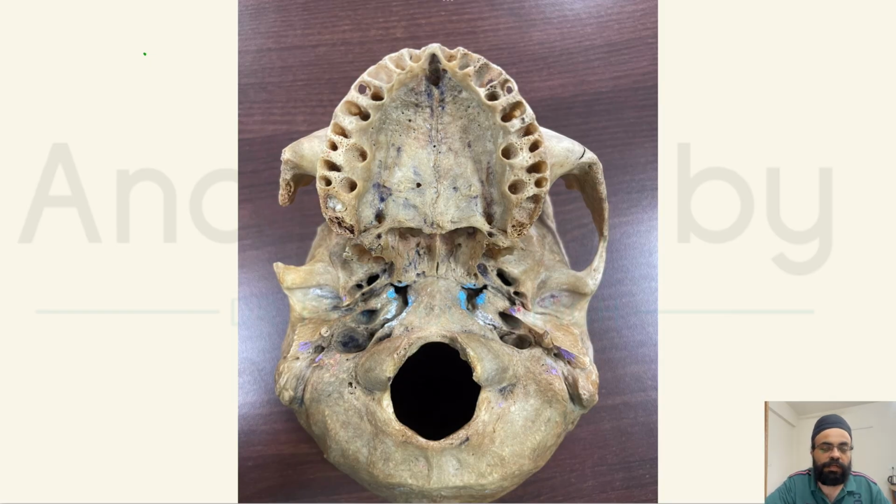The temporal bone comprises the squamous part, petrous part, and tympanic part. Let me first draw the outline of the temporal bone so that you can understand it well. This is the temporal bone, more or less.